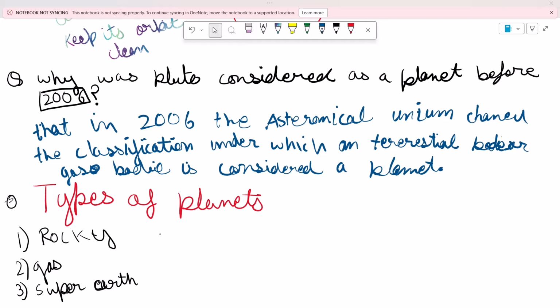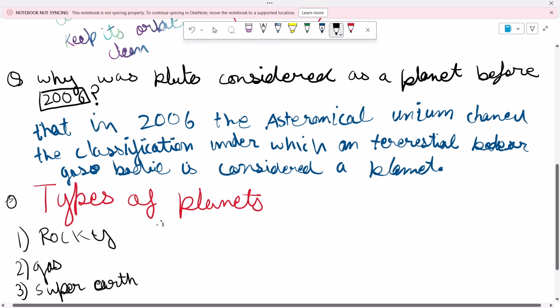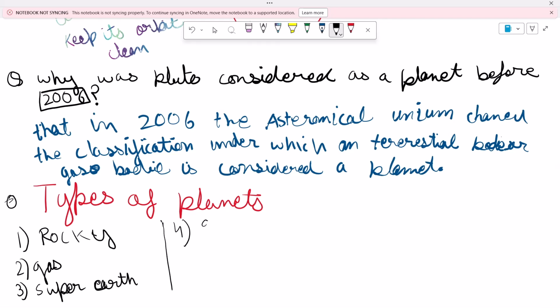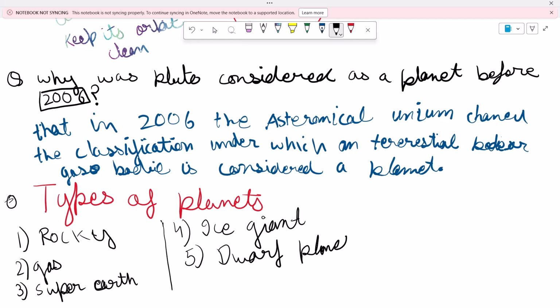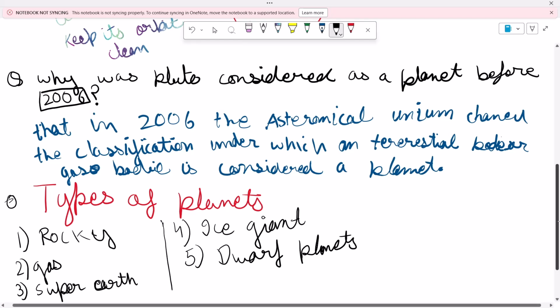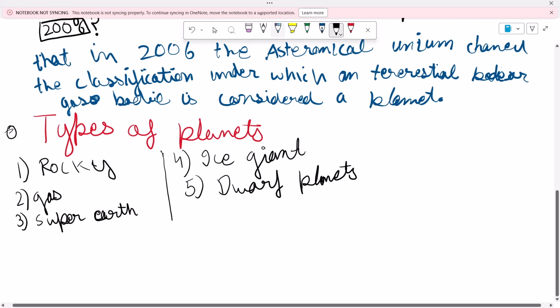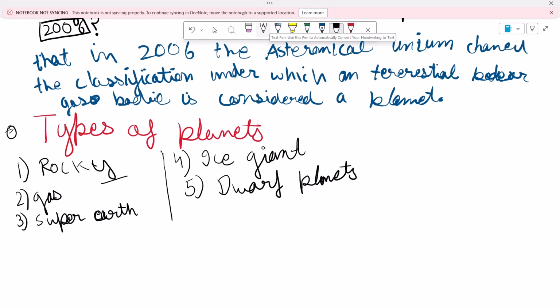Name the other two also. Fourth, ice giant. Fifth, dwarf planet. Firstly, we are going to talk about the rocky planets.